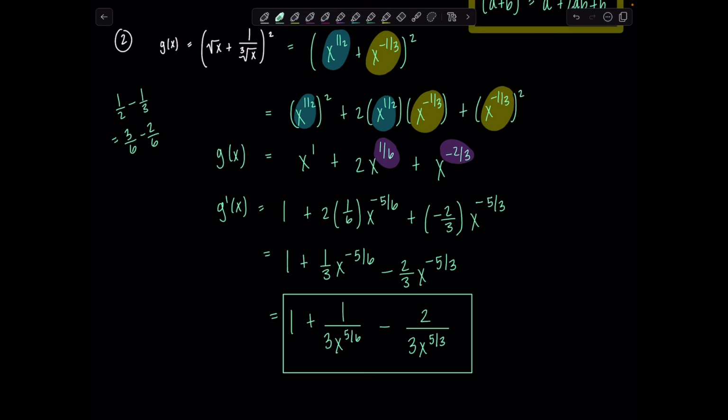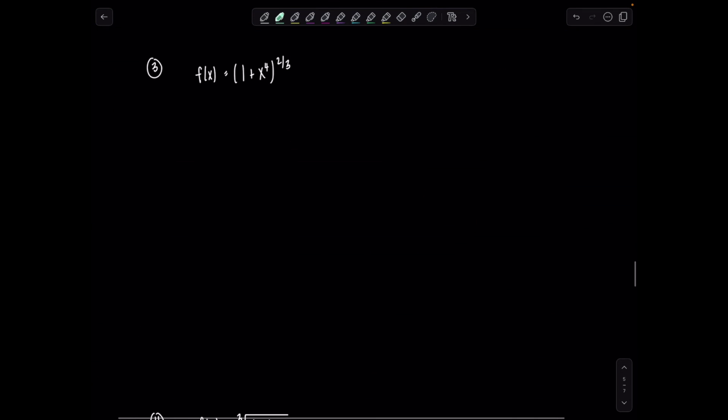I taught you so many rules, we've got to use them all. Now we're going to use the chain rule to find the derivative of this function, because 1 plus x to the 4th raised to the 2/3, I can't expand that nicely before I take the derivative. So we're going to do the chain rule. If you need to review the chain rule, I have several videos linked in the description. But basically, you differentiate the outside function and then you work your way in, multiplying by successive derivatives.